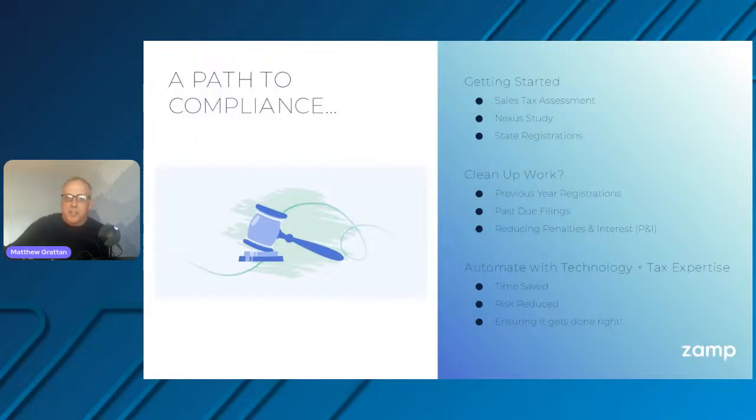State registrations as an international seller, there are some interesting things there in terms of what you require to get registered. And there are different paths, whether you do online registrations or paper registrations, which are less restrictive for international sellers.